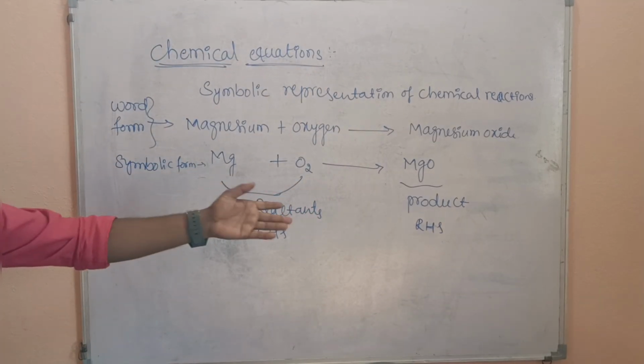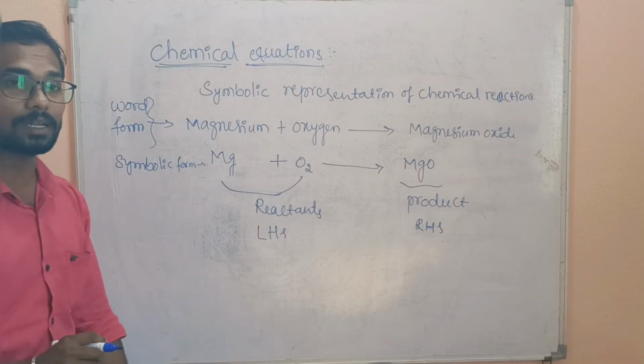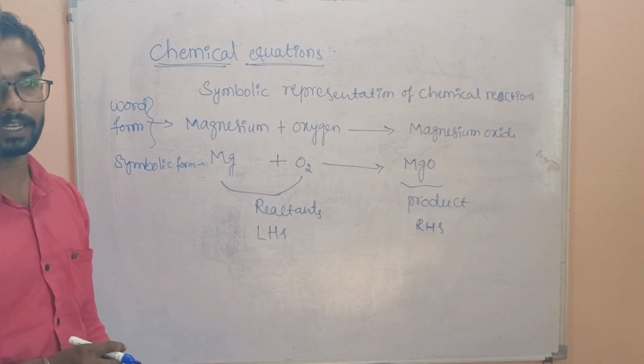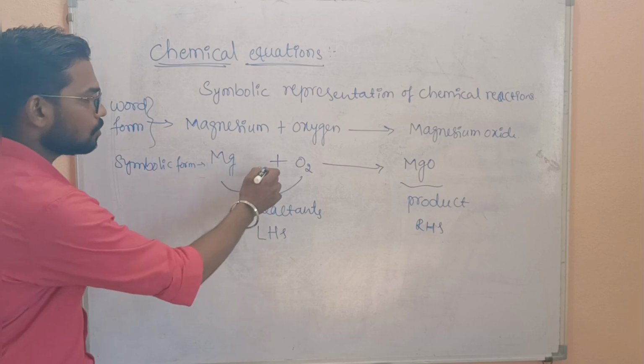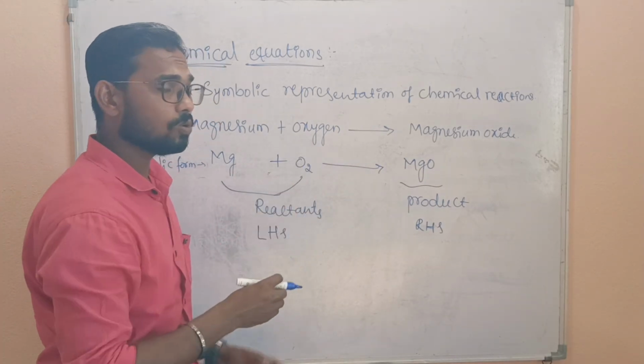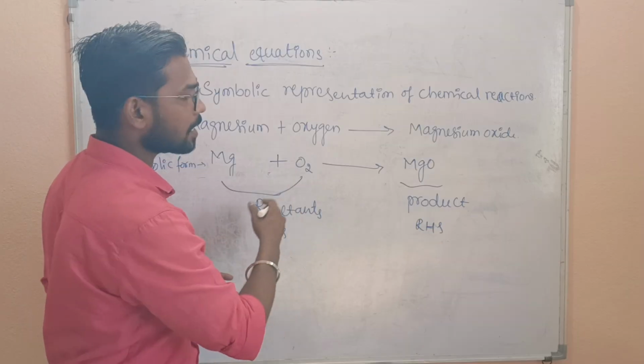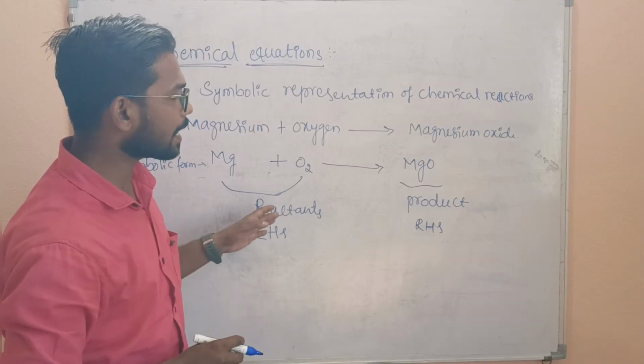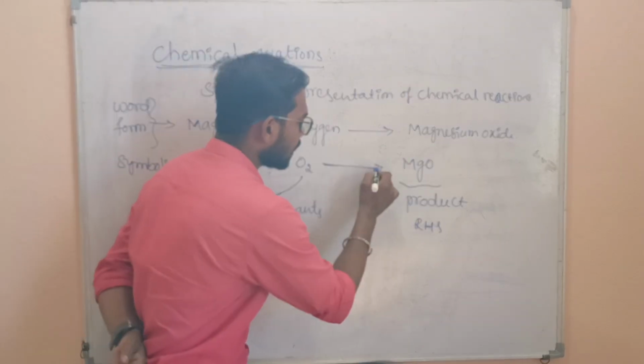So LHS and RHS. In between the substances which are reacting together, we have to write a positive sign, and in between the reactants and products, we have to show the arrow mark.